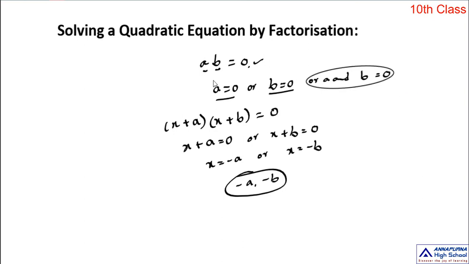That means if the product of any two real numbers is 0, then either the first number is equal to 0 or the second number is equal to 0, or both numbers are equal to 0. Here we use this concept to solve a quadratic equation by factorization method.